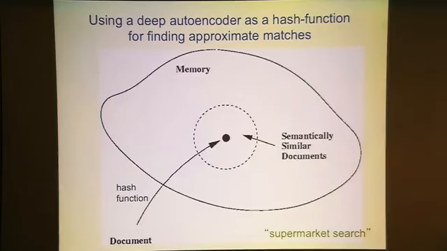So I'm now going to talk a bit about retrieval. I started off working with Russ Salakhutdinov on document retrieval, and we came up with a way of doing extremely fast retrieval with not very high quality, but really, really fast. What you do is you take a document represented as a bag of words, you use a very deep autoencoder to convert the document into a code of about 30 bits, so a very small binary code.